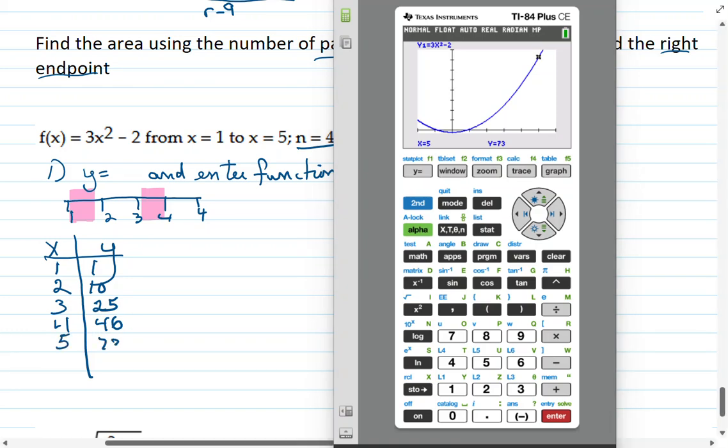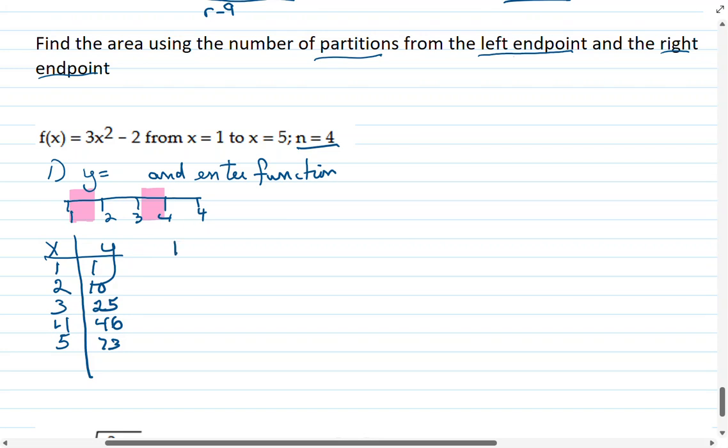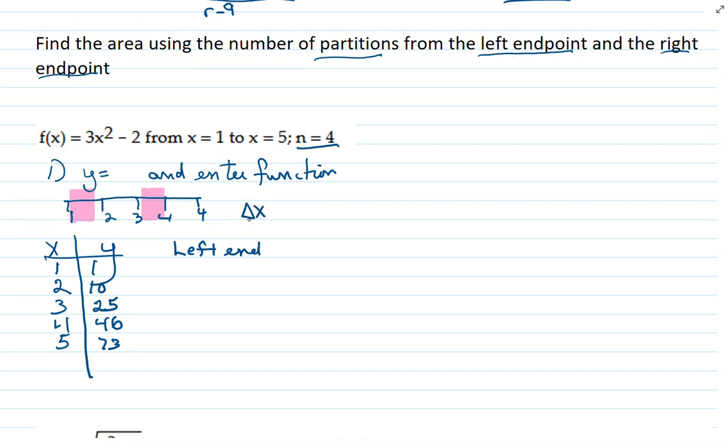So we know on the left end, and by the way, our delta x, the small movement, is 1. There's 1, 2, 3, and 4 partitions, and they're 1 in width.